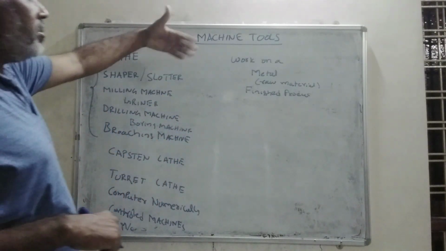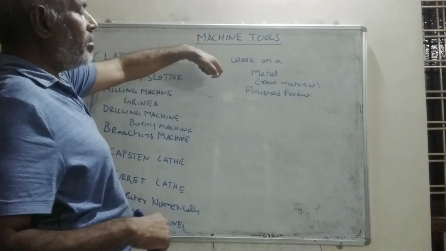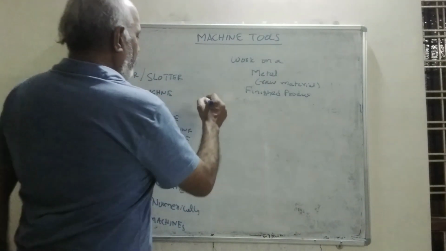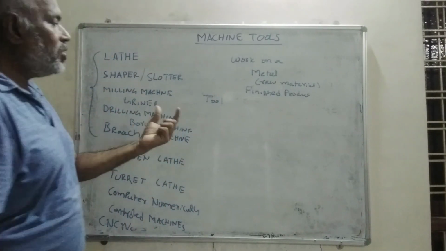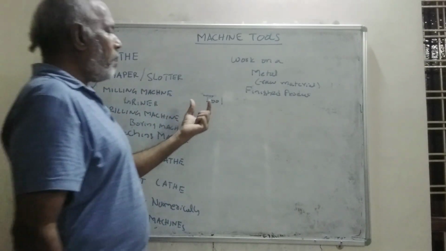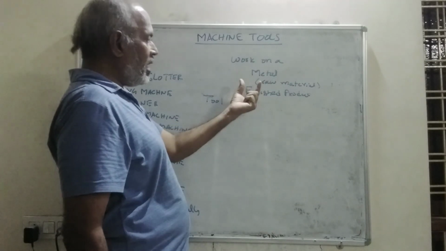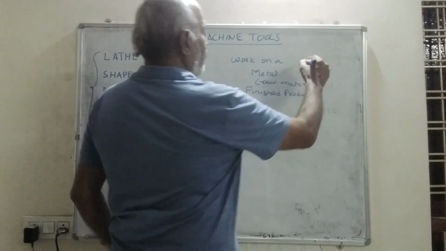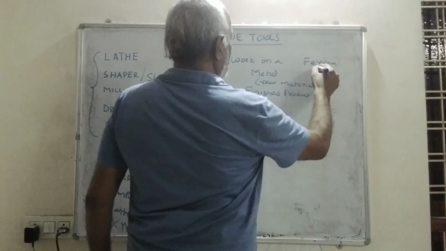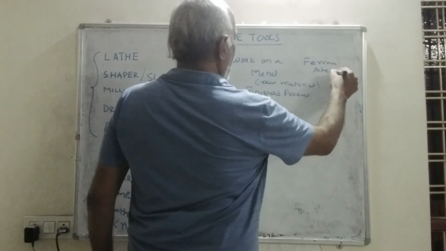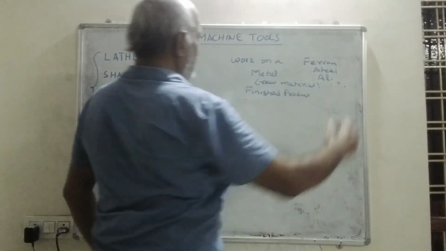Now, that means the main objective is to work on a metal. That means we should have a tool. Now, this tool is applying force on that metal, which can be in the form of ferrous, iron, steel, aluminium, something like that.